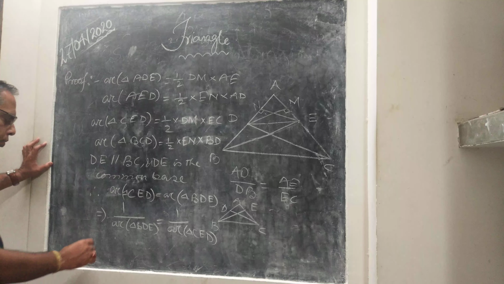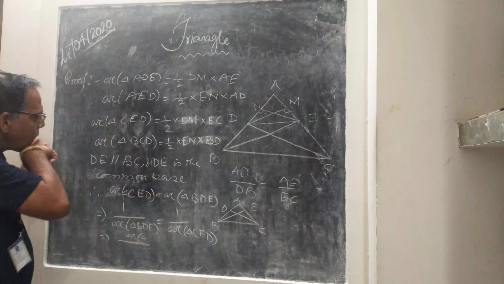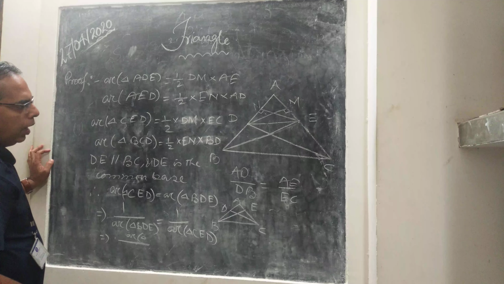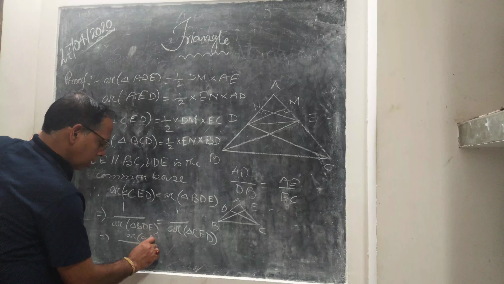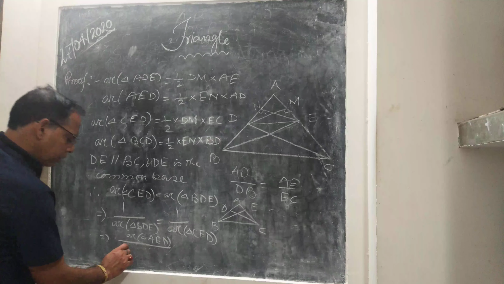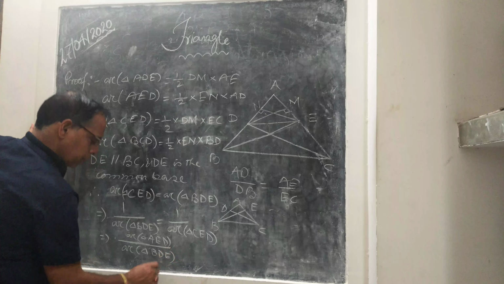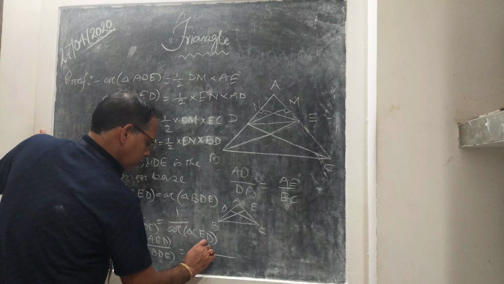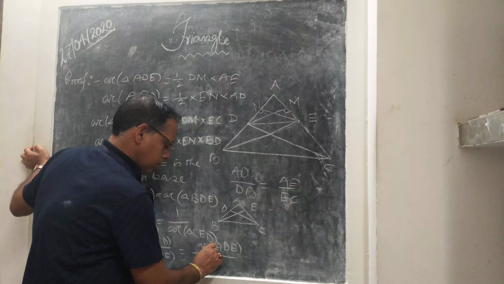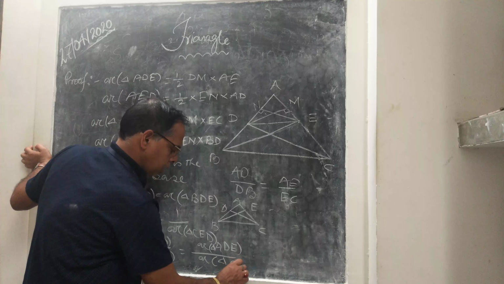Then in the next line you see, if I write area of triangle AED divided by area of triangle BDE equal to area of triangle ADE divided by area of triangle CED.